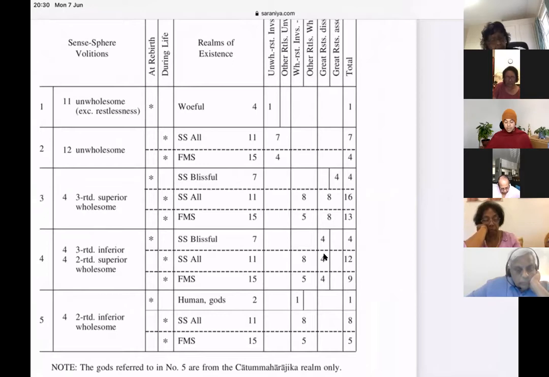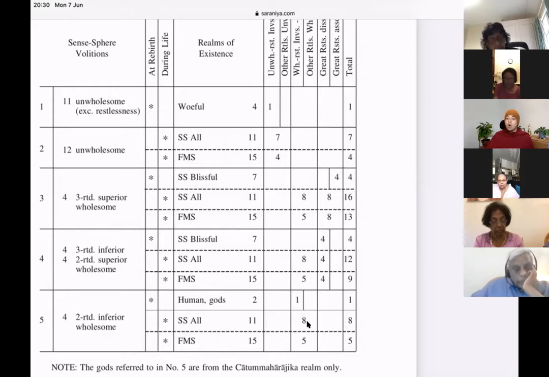Then this same class of cittas can arise during one's duration of life, within all sense sphere planes and fine material planes. How does it arise? It can arise through, remember, we all see, hear, smell, taste, and feel.